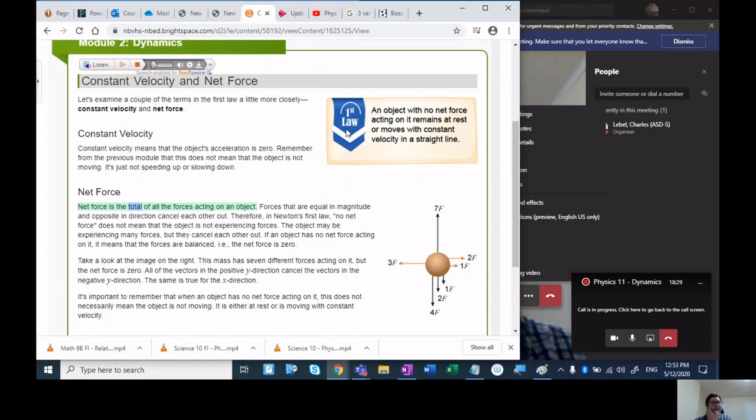No net force. And that's why the rubber object makes a lot more sense now, because gravity was pulling the object down. The paper was pushing the object up, and the rubber was not moving. That's a good example.